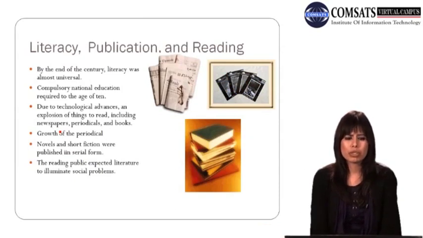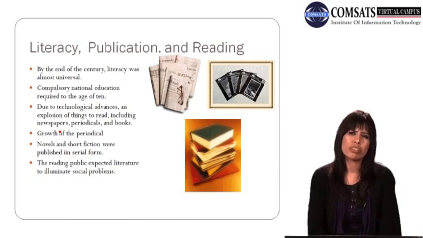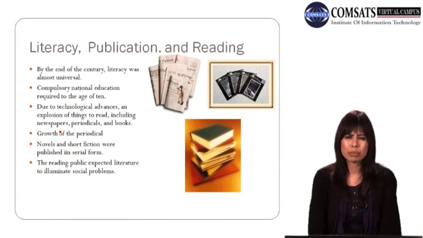So my dear students, now I'll focus on literacy, publications and readings. By the end of the century, literacy was almost universal. So here you can see, as I was telling you before as well, women's education was also compulsory for everybody, and there were a lot of opportunities for women to get themselves educated from different colleges and universities.